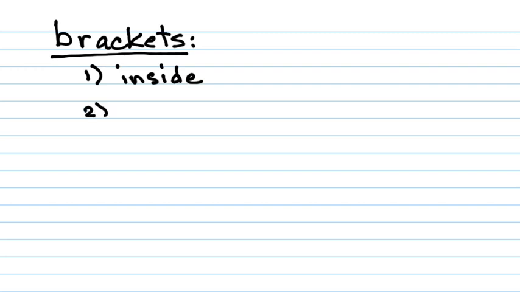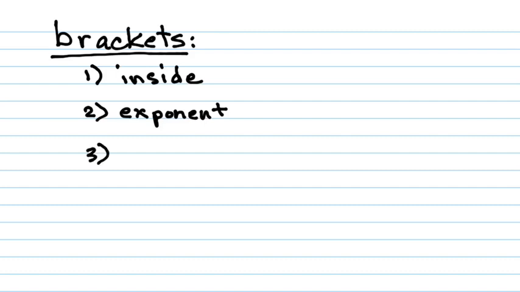Then the second thing you'll do is look for an exponent or an index or a power, whatever word you prefer. It makes no difference to me. And when you see one, I'll write an example down in just a moment so you can see what that looks like. Now, we're not going to have any exponents on our brackets in this class, right? But as you move forward in algebra, you'll see them a lot, okay?